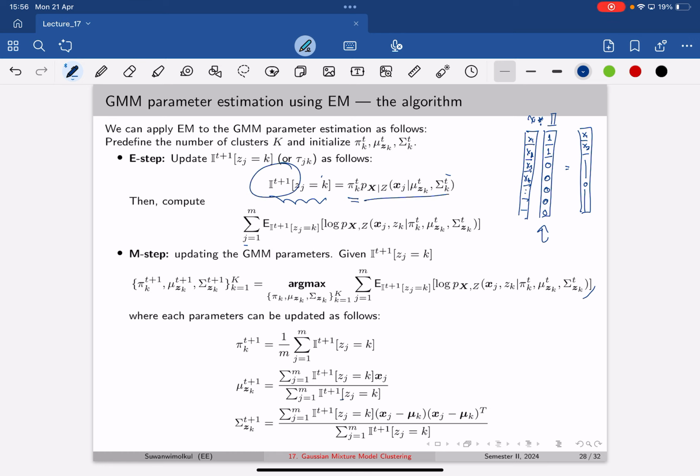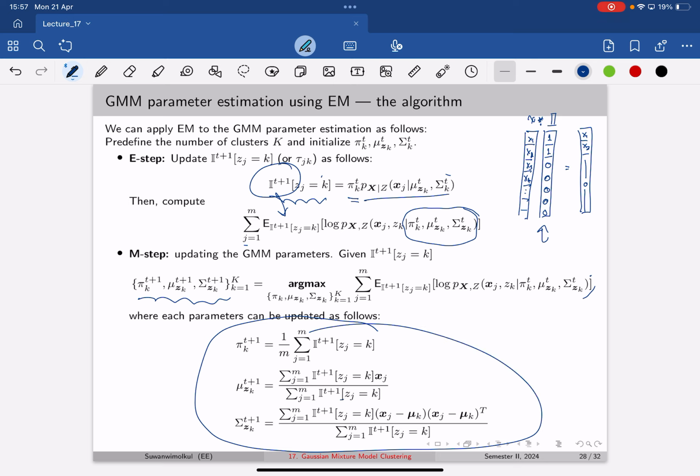After that, once we have tau jk, we can compute the expectation. And with the randomized or initialized model parameters, we can plug in and calculate the loss function. Once we have the loss function and parts of the model parameters, we can update them with the solution of the maximum likelihood formulation.